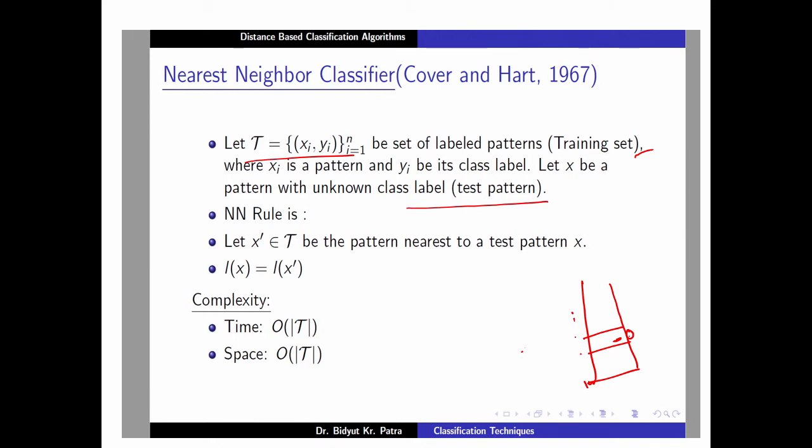You need to identify the class level of x. The rule says you identify a point x dash within the training data set which is the closest to the unseen object x, and whatever the class level of the closest pattern in the training set, that will be the class level of the unseen object. So, that is the nearest neighbor rule.